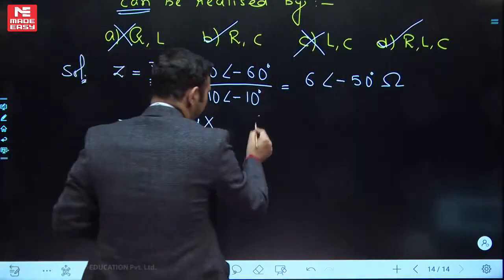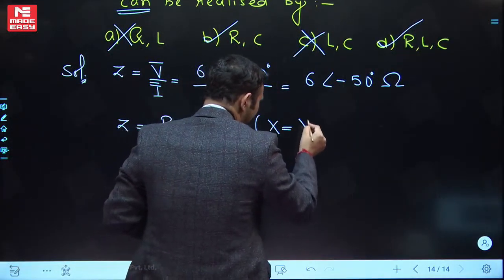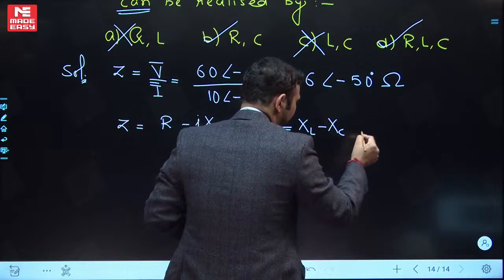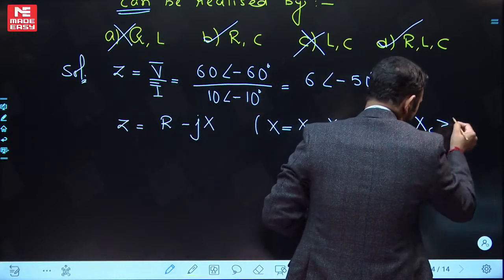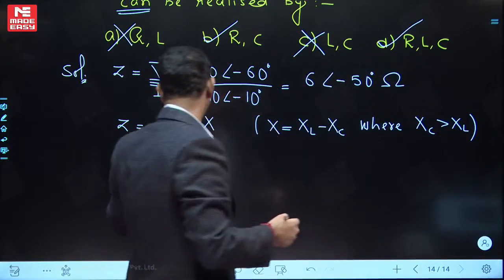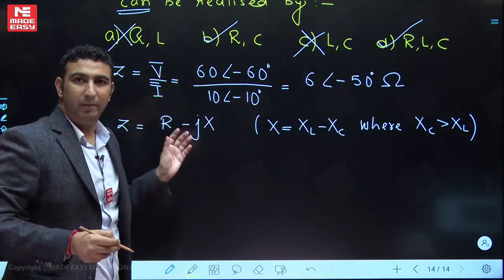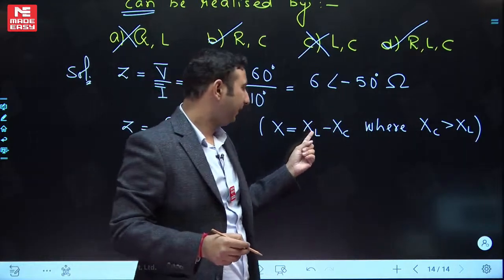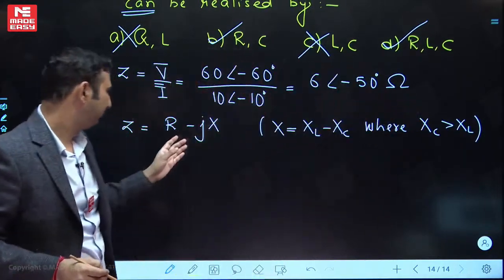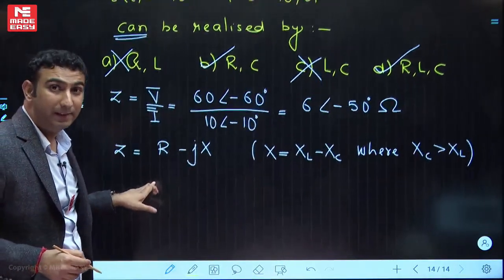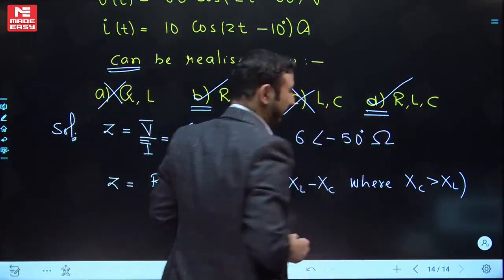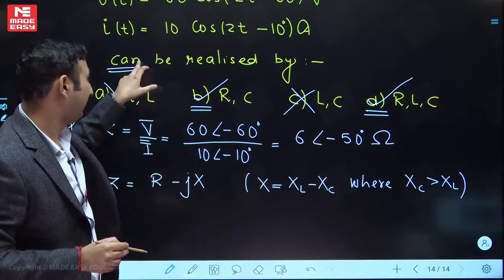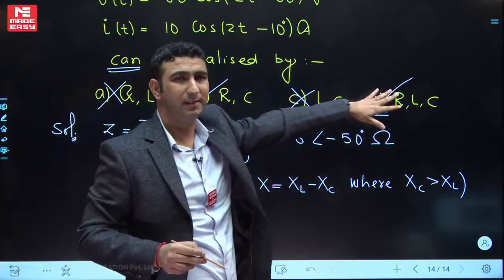Because here X can be XL minus XC, where the magnitude of XC is greater than the magnitude of XL. The same situation I will be left with: R plus j(XL minus XC), XC is greater than XL, so I will have some negative value, the same thing. It means both of these options are correct. So it can be realized either by this or by this.